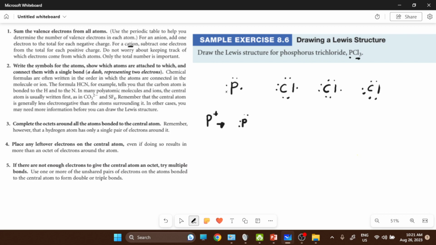Because Lewis dots represent what? Electrons. So, positive minus negative, of course, we will yield this. So, paano pagka naging positive siya? Okay, of course, magle-less tayo ng 2 electrons. So, from 5, siya ay magiging 3 Lewis dots. Okay, do you get the idea? Okay, what about 3 positive?